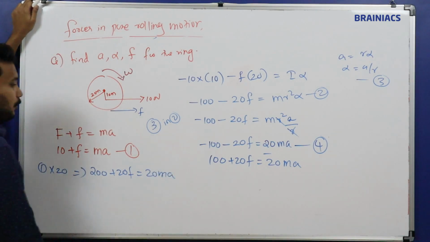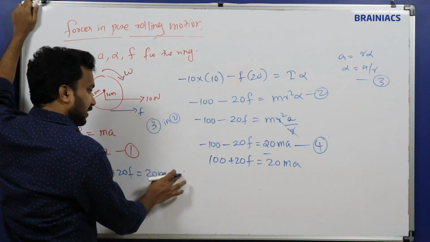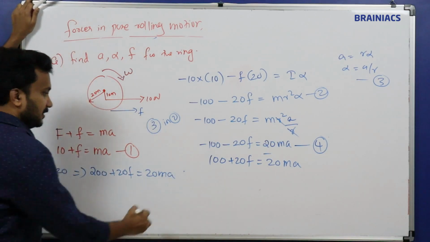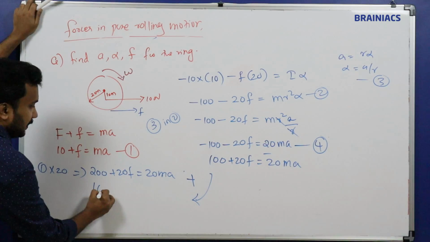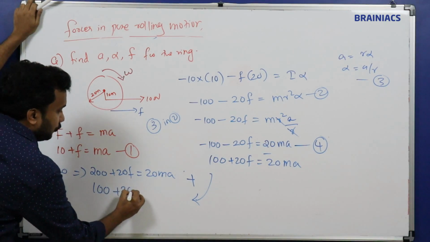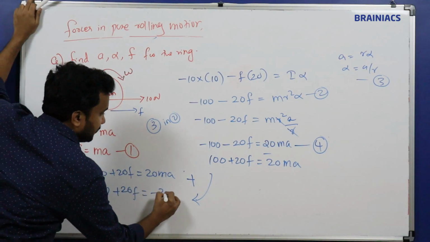Now I am adding this equation with the other one, which is 100 plus 20F is equal to minus 20 ma.